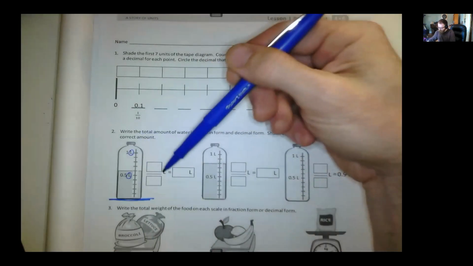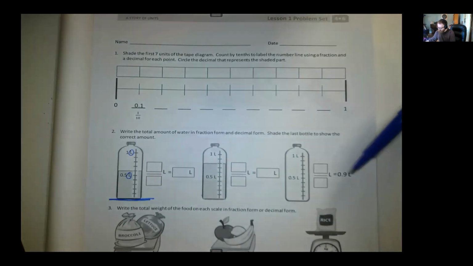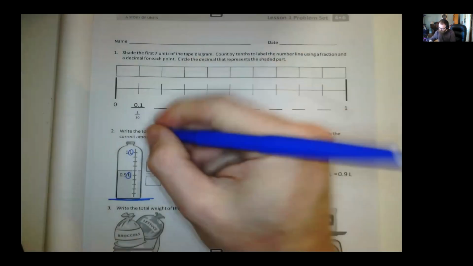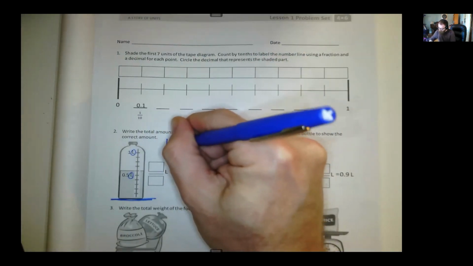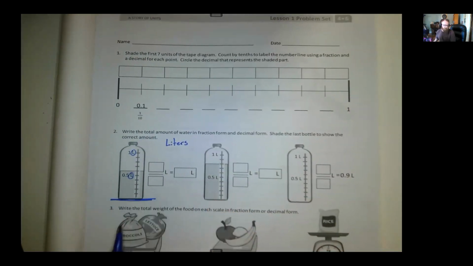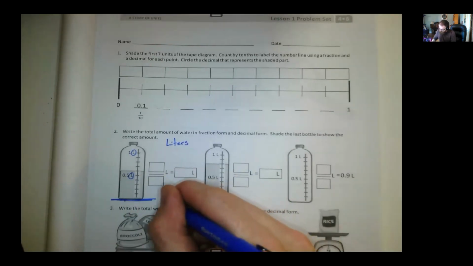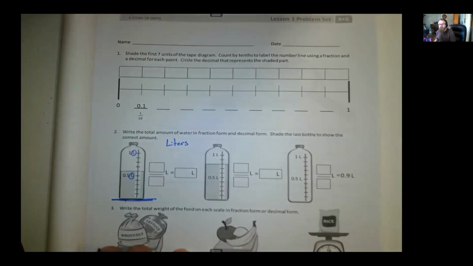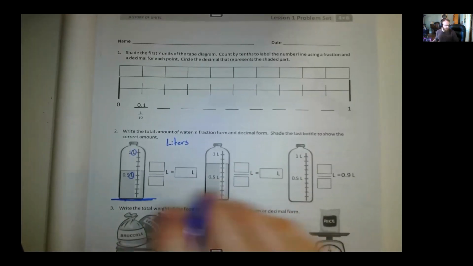Well, all of our units are already written in metric. Liters is the metric measurement for liquid. How many liters are in this container? We have 0 tenths, obviously, at the bottom. If the container is empty, it would have 0 liters of liquid in it, right?